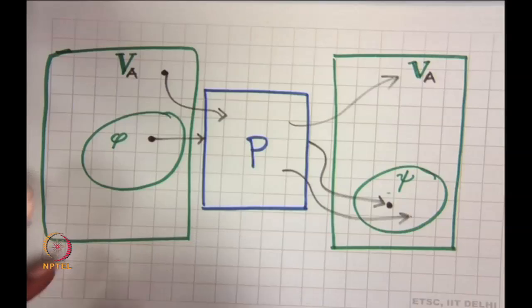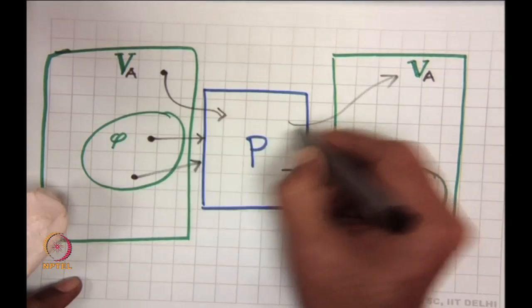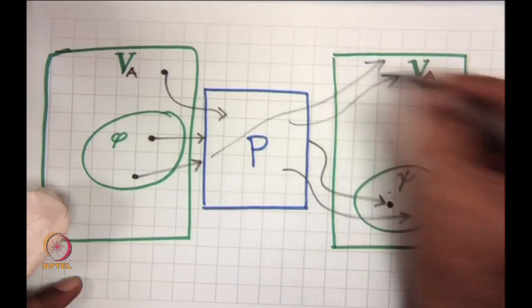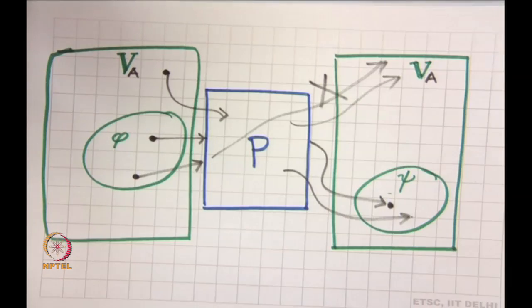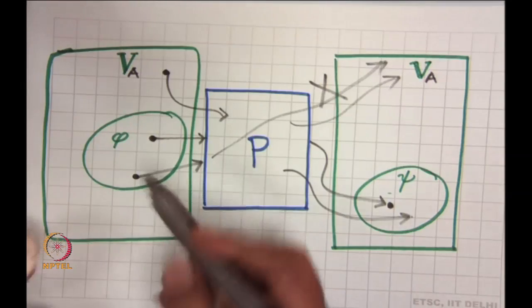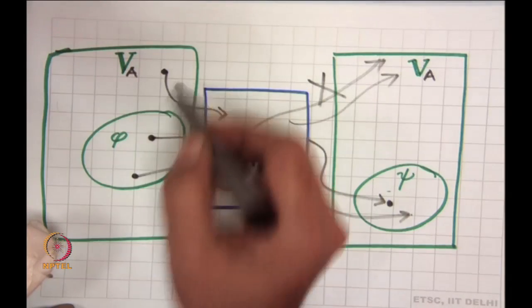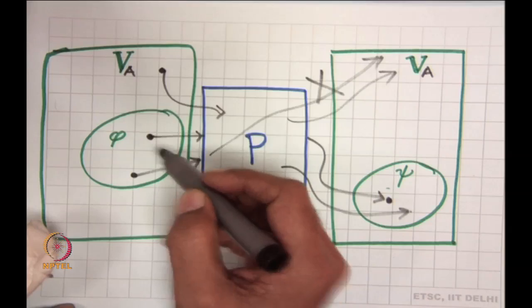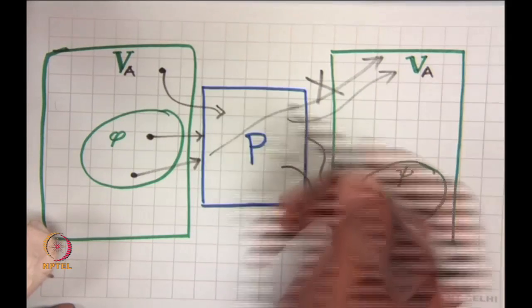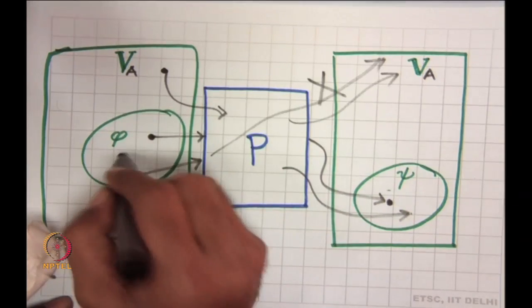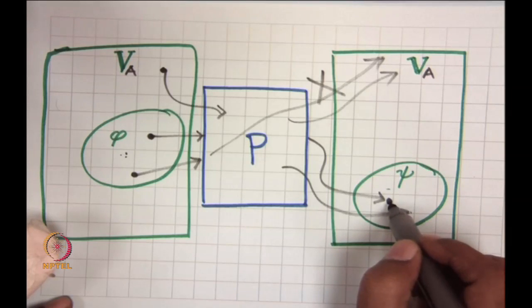But something like this going off like that is a no. What you want to show is that given that there are no bets outside phi, I do not care what happens if the input is from outside phi, but if the input is from phi, I want a guarantee that it ends up, if at all, in psi.